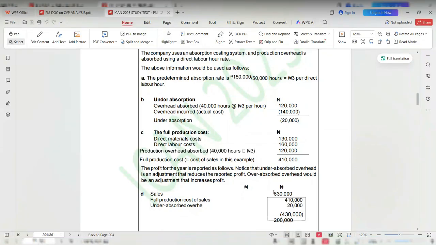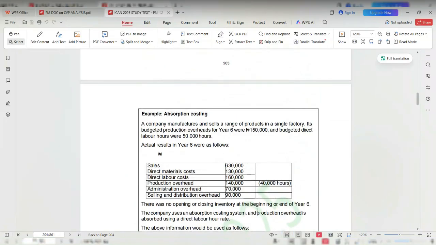You know how we calculate profit? You will subtract from your sales. Let me write it out. To get our profit, we'll go into this in depth later. But let's say our sales was 630,000.